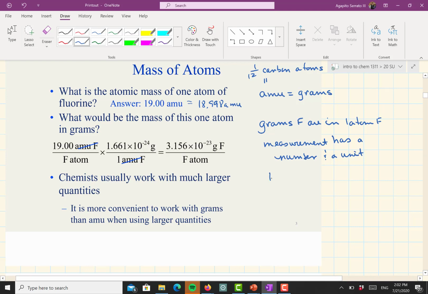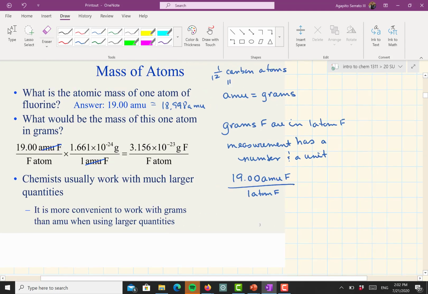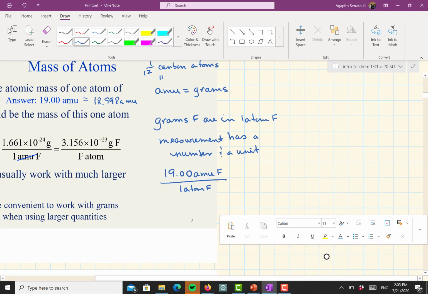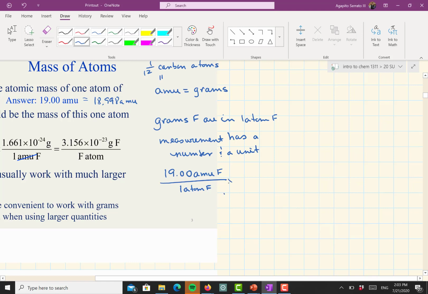We have for every 19.00 AMU of fluorine, this is equal to 1 atom of fluorine. And the next step is we need to go from atoms or AMUs of fluorine, and we need to figure out what the mass relationship is.